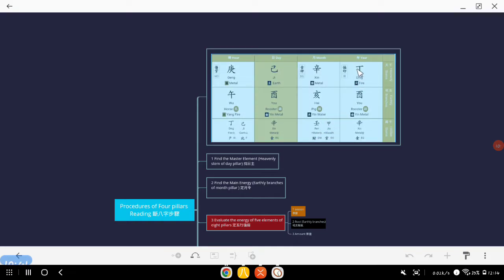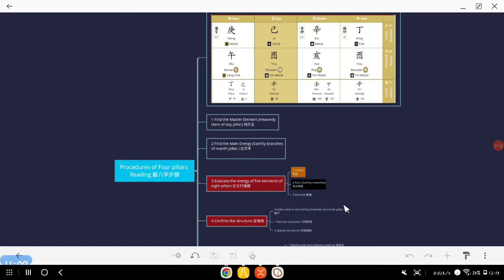And if this 甲, the wood element, shows up here, above the stem, okay, we can say that this is the structure based on the 甲 wood. Because 甲 is the official star, we can say that it's an officer structure.